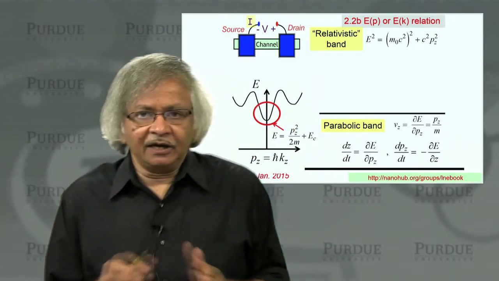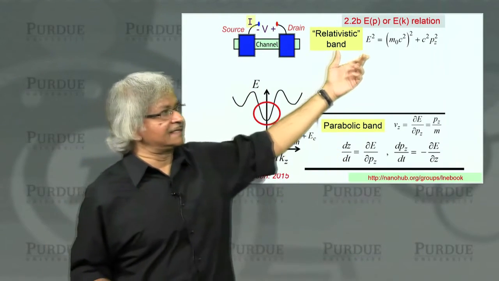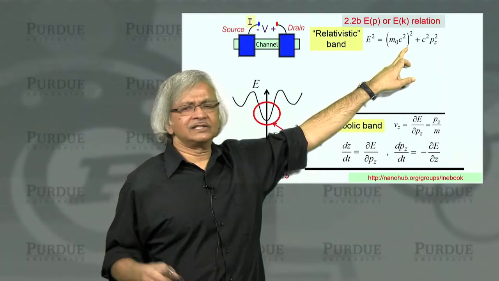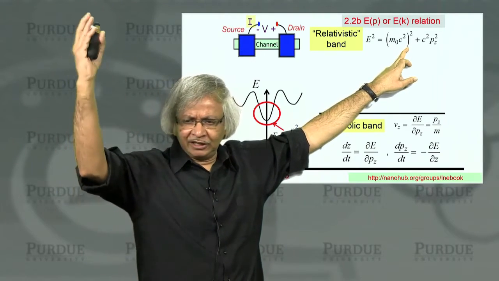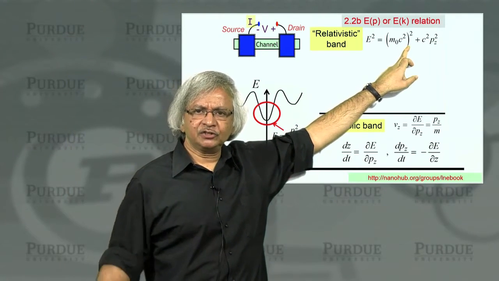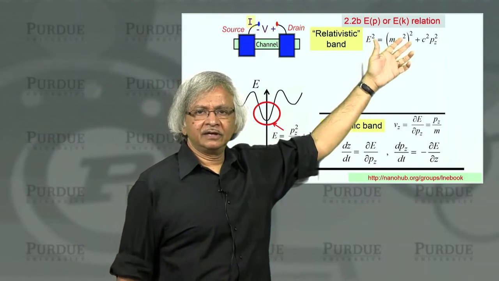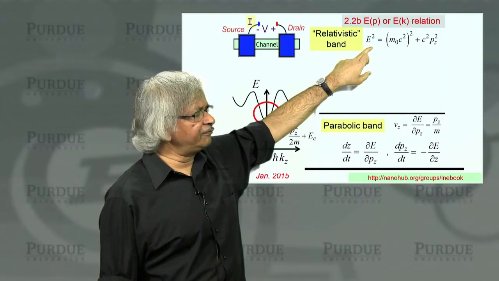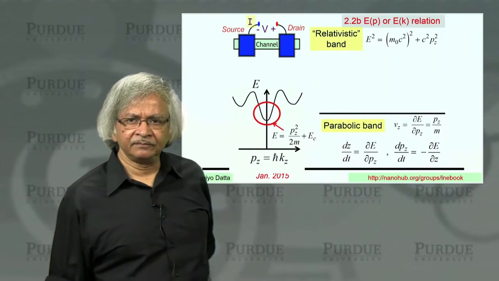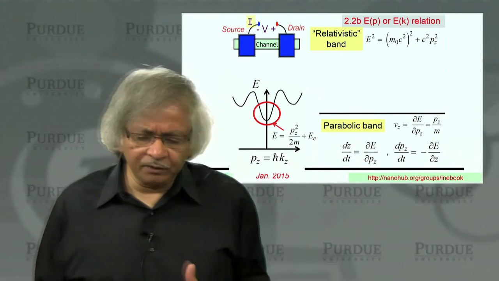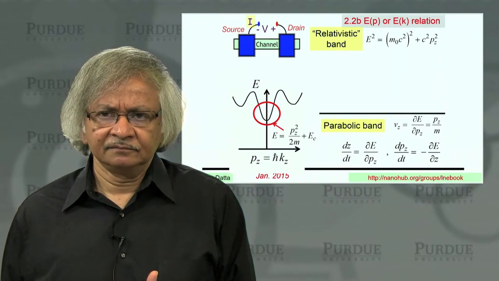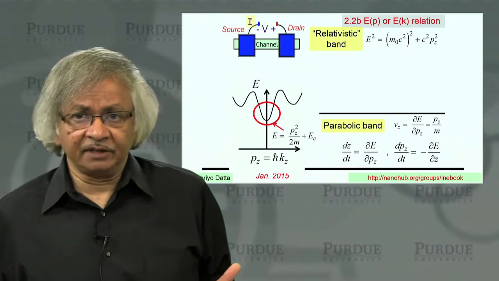But when you have an energy momentum relation looking like this in a solid, that c is not the velocity of light. It's usually a couple of orders of magnitude smaller. It's just mathematically that it has that form. And the question we're asking is, if that's your energy momentum relation, then what is the relationship between momentum and velocity? Is it p equals mv or is it something else?